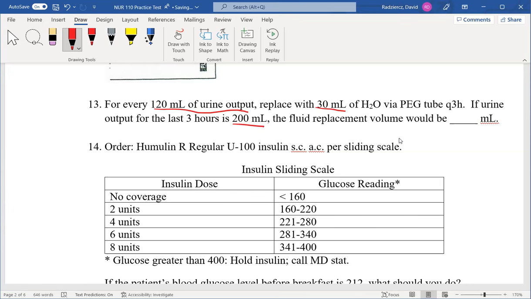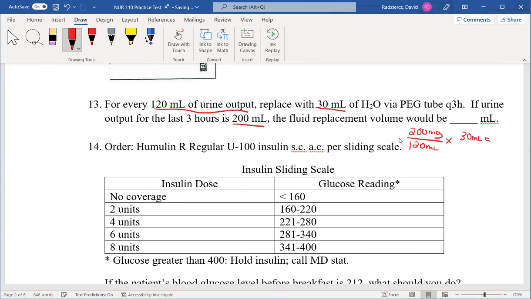And so what I've recommended is it's almost similar to the order over half, except you're going to take your actual urine output over the theoretical or expected urine output, which is 120. And then you're just going to multiply by the replacement volume.